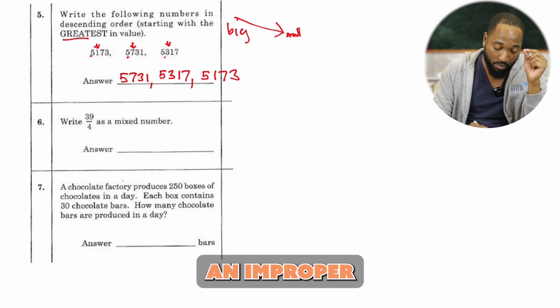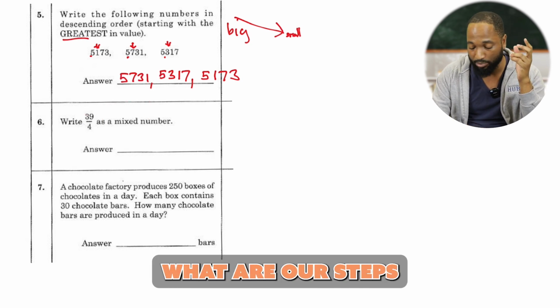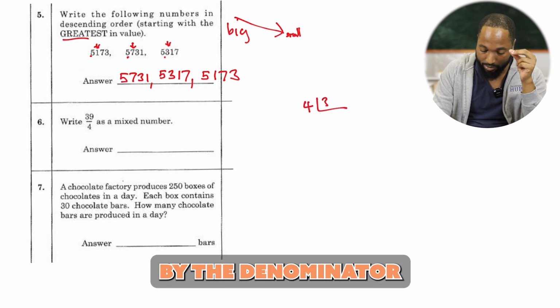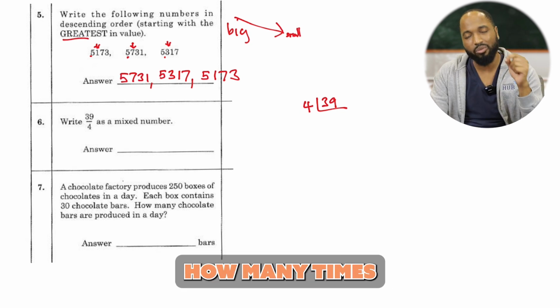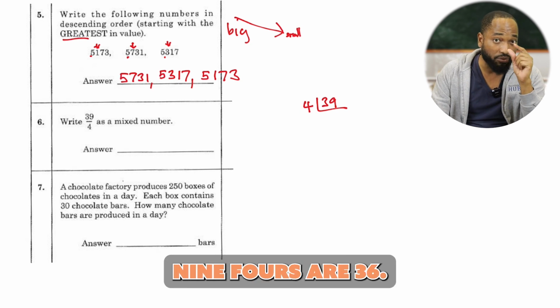To write an improper fraction as a mixed number, what are our steps? It's simple. You divide the numerator by the denominator and you take note of the remainder. How many times can 4 go into 39? 9 times. 9 4s are 36.